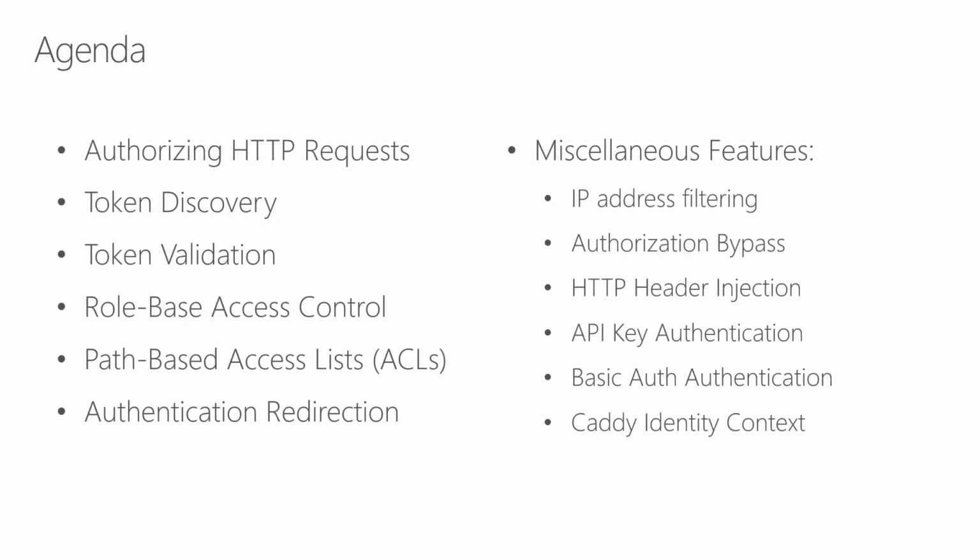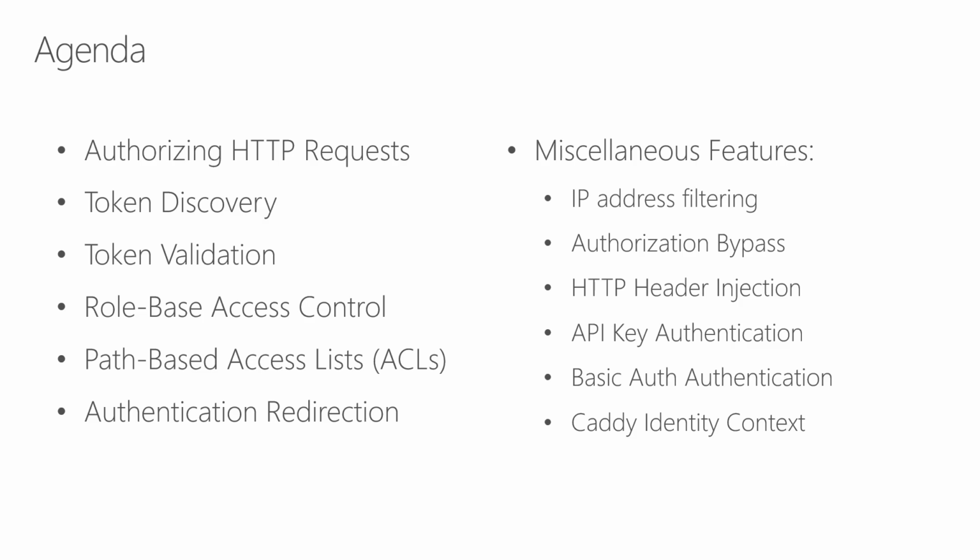So on today's agenda, we'll go through the overview of various topics related to the authorizing of HTTP requests. We'll go into token, what is a token, what is a token discovery, how do we validate tokens. We'll go into the access control and the redirection to the authentication.